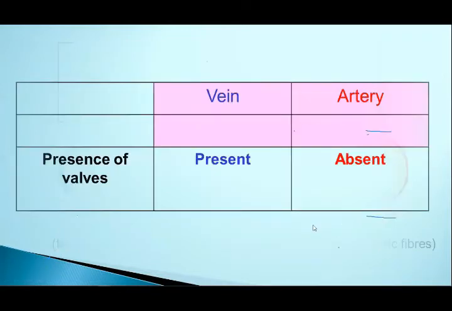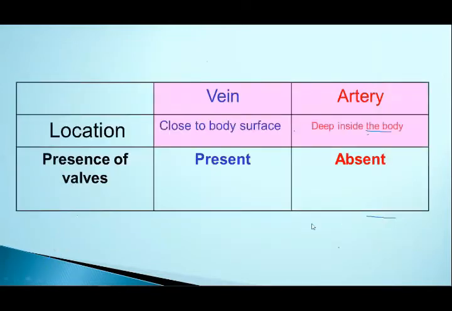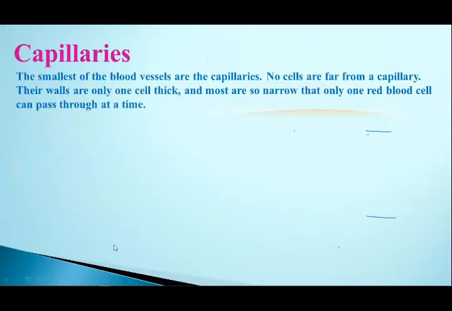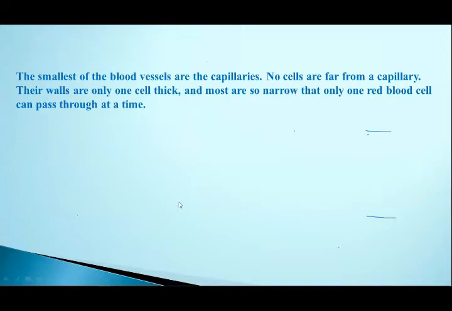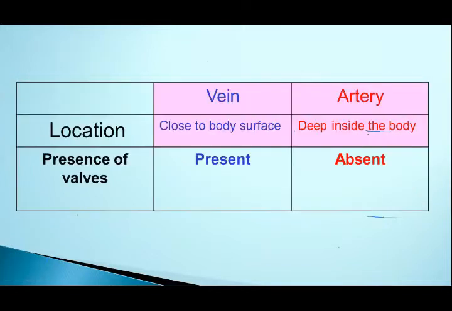Now, let's look into some more important differences. Where are veins found? Veins are very close to the surface of the body. What about the arteries? They are found deep inside the body. Before we look into the capillaries, let's quickly have a look at the last point.